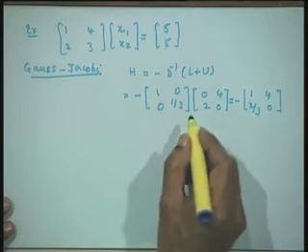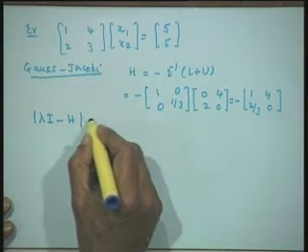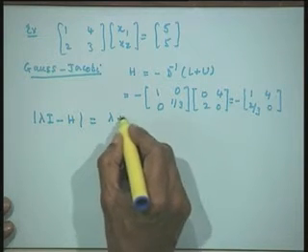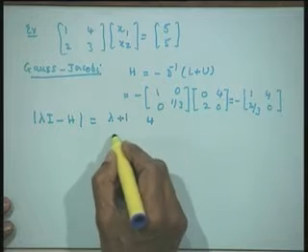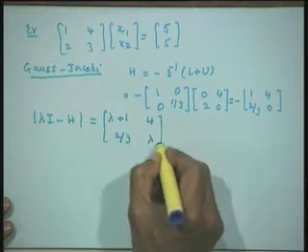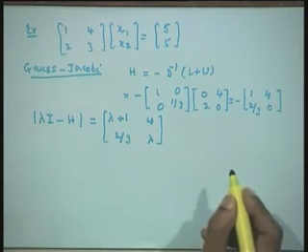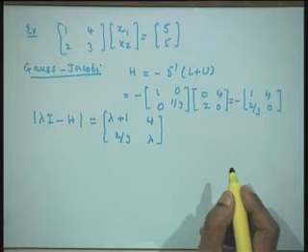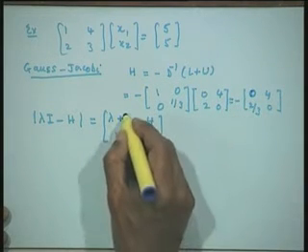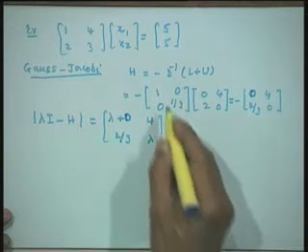Now, let us find out the eigenvalues of this. So, lambda I minus H is equal to lambda, minus H, that is lambda, 4, 2 by 3, lambda. No, I made a mistake here. This is a 0, this is a 0.